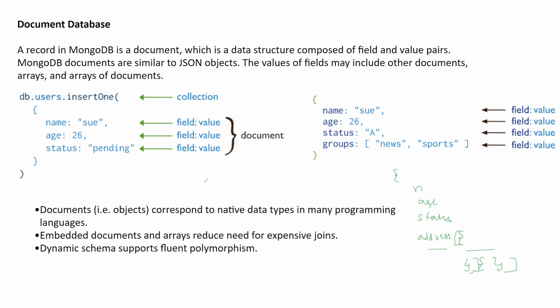Like where insert is used, we are using users.find, and in that find operation you can specify, for example, age is 26. So you will be able to retrieve the documents where age is 26. You will be getting the documents, not just the one particular age.